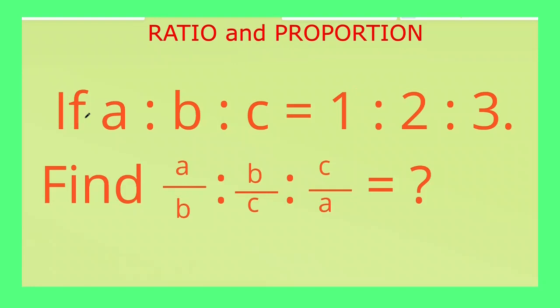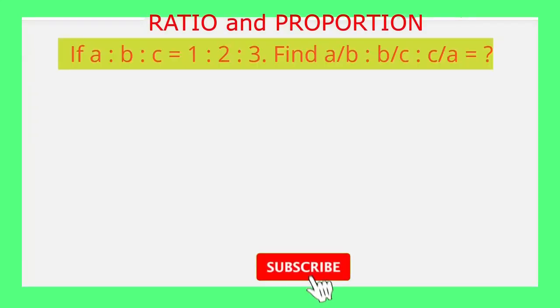Our question is: if A ratio B ratio C equals 1 ratio 2 ratio 3, find A upon B ratio B upon C ratio C upon A. We solve the question like this.